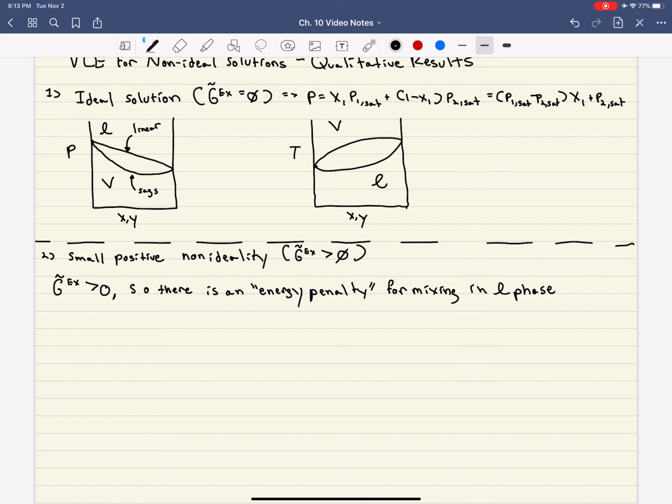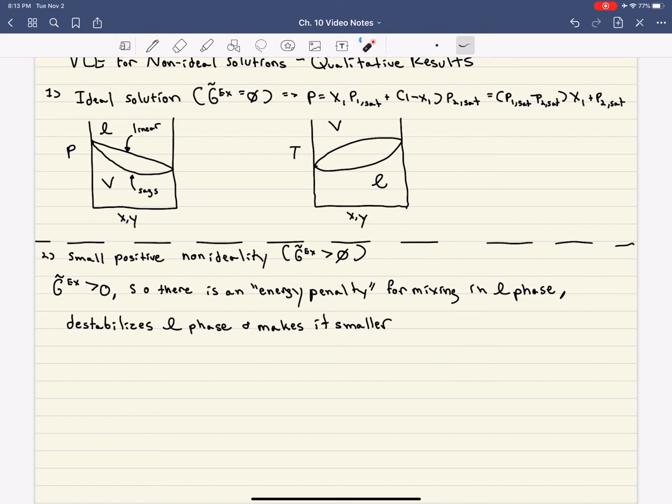Okay? In any case, because they don't like mixing together that much in the liquid phase, this excess Gibbs energy destabilizes the liquid phase and makes that phase window smaller. So the region, the pressure and mole fraction region in which you have a liquid, becomes smaller.